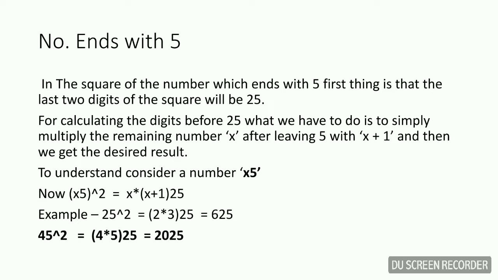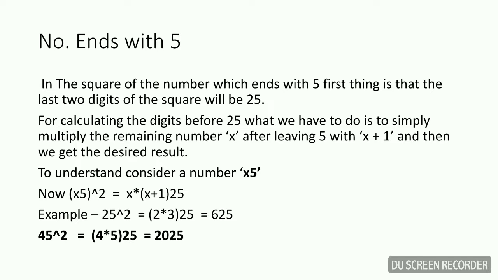First thing which you should know, that in the square of the number which ends with the 5, first and most important thing is that the last digits of a square of such a number will be 25. Now for calculating the digits before 25 in the square of the number, what we have to do is simply you can consider a number in the form of x and 5.